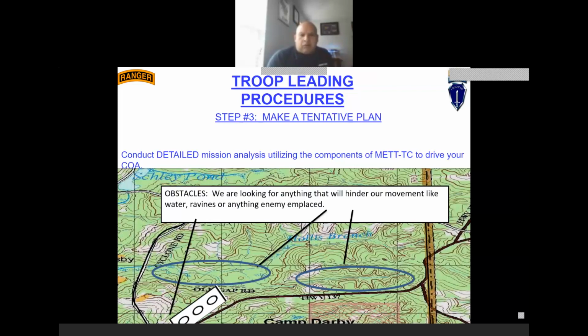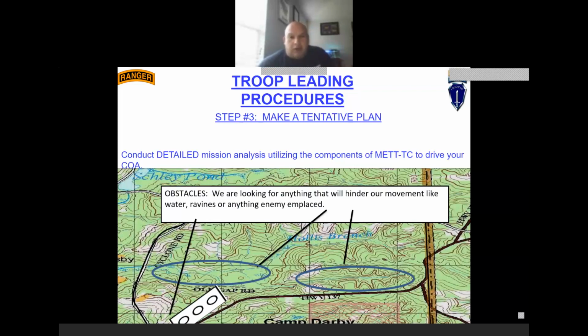It will be slow movement, so we'll have to spread out. The vegetation is going to be thick, so we might have to go to bounding overwatch, put support by fire until we get through the swamp and move through that obstacle due to sluggish terrain, and maybe 5 meters for visibility.